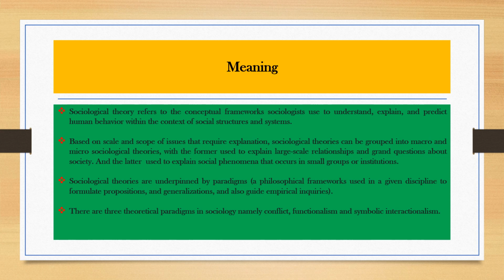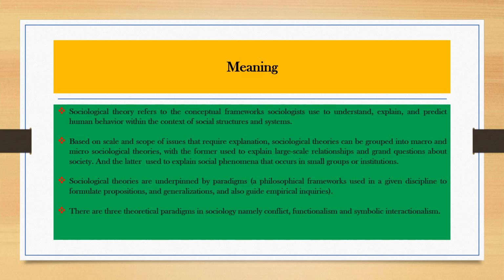These paradigms are conflict paradigm, functionalism paradigm, sometimes called structural functionalism, and then symbolic interactionism paradigm. These are the three broad philosophical frameworks that sociologists employ in their attempt to understand phenomena in society.